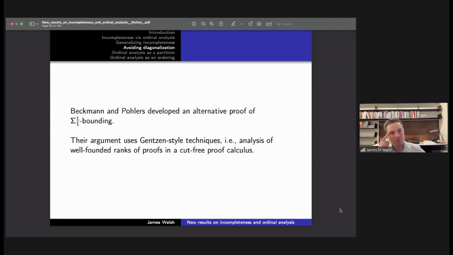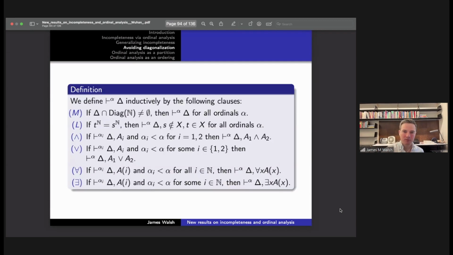In fact, Beckmann and Pohlers gave an alternate proof of Σ^1_1 bounding. What's remarkable is that their argument uses Gentzen-style techniques. In particular, they set up a cut-free infinitary proof calculus, and then they give an analysis of well-founded ranks of proofs in that system. So I have here a definition of their proof system.